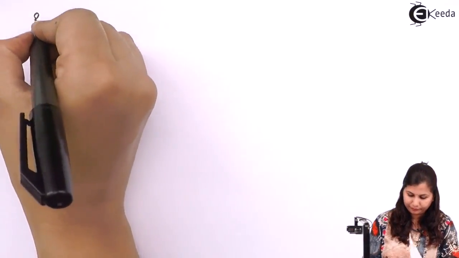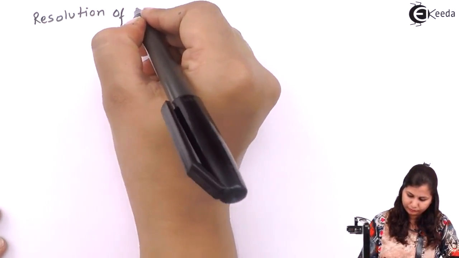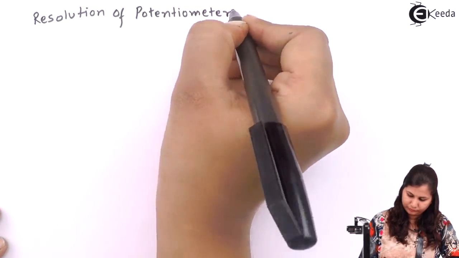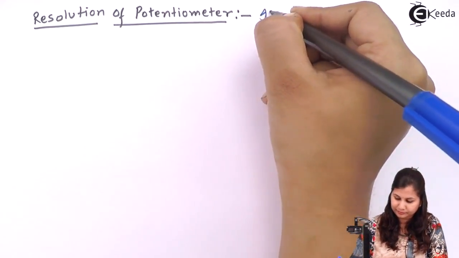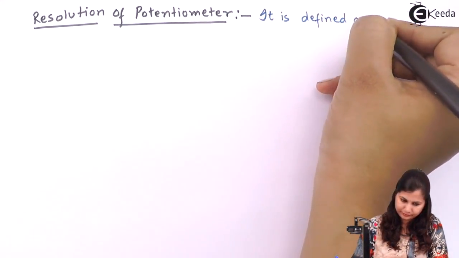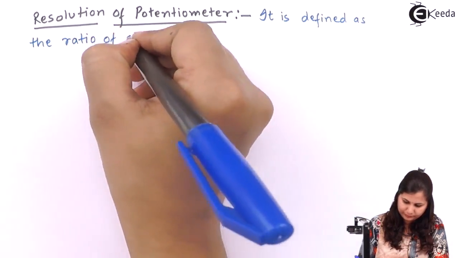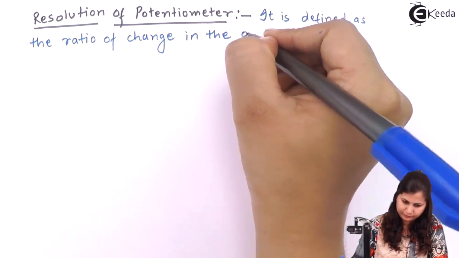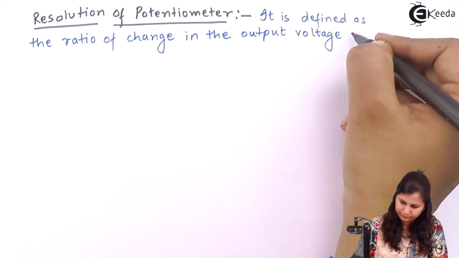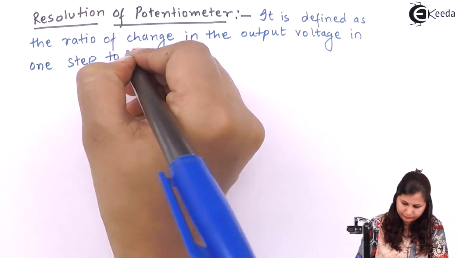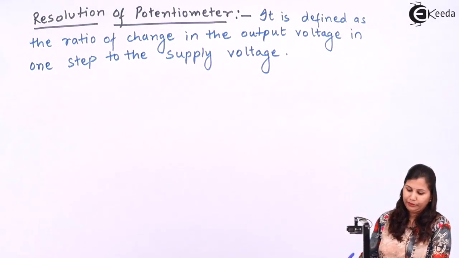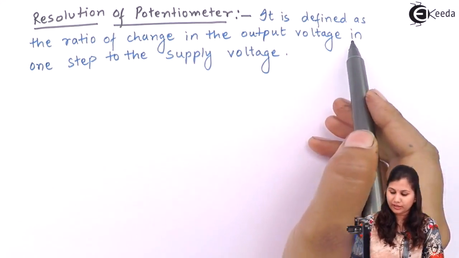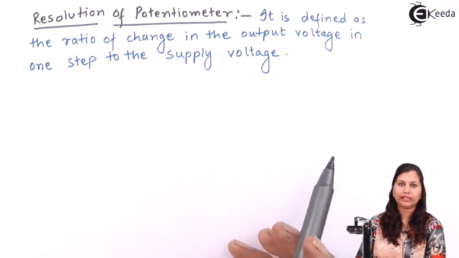Now comes the resolution of the potentiometer. Resolution is defined as the ratio of change in the output voltage in one step to the supply voltage.